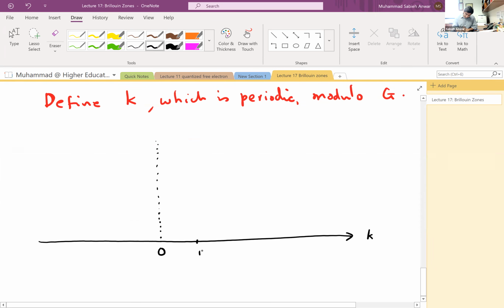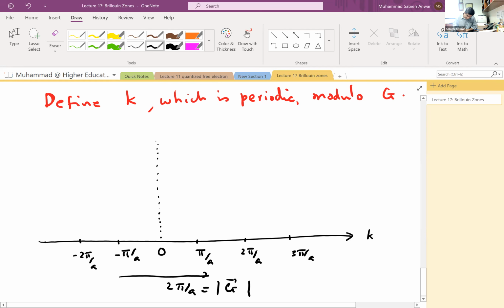This is some point pi over a. This is some point minus pi over a. These points are separated by 2 pi over a, which is a reciprocal lattice vector length. And I'm focusing on 1D for convenience. Now we have other points. We have 2 pi over a, 3 pi over a, minus 2 pi over a, minus 3 pi over a.